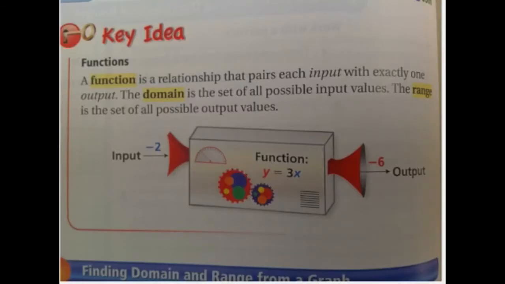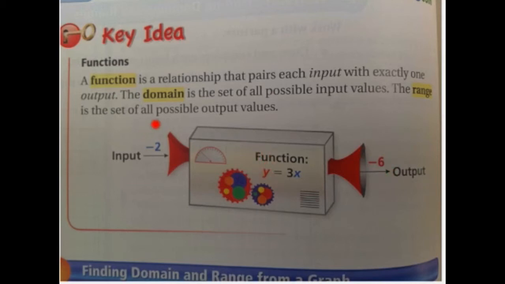Okay, in class today, you got to remember our key idea, looking at what a function is, remembering that a function is basically a math machine. If you can take a look on the screen here, you can see that there is a blue number, which corresponds to the x value right here. There's a red number that corresponds to the y value.